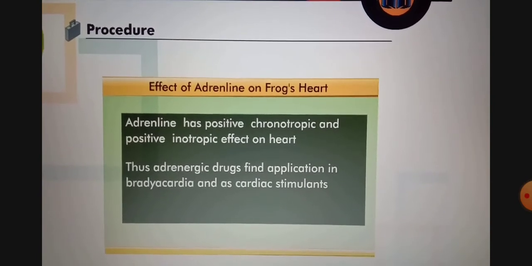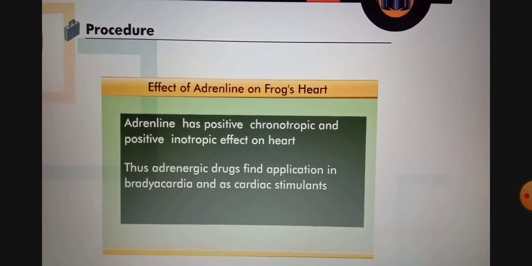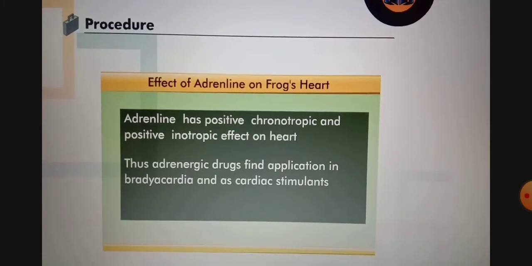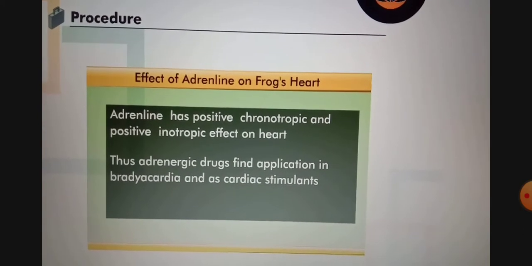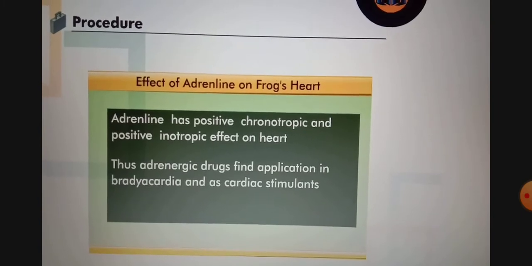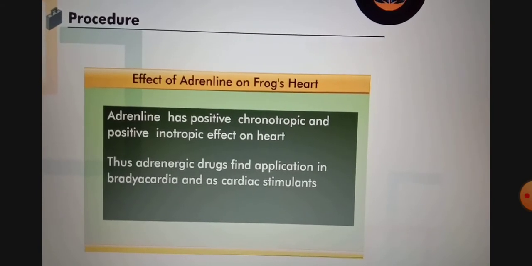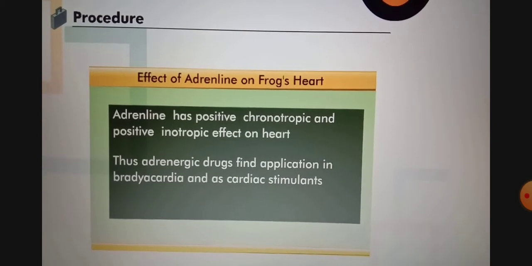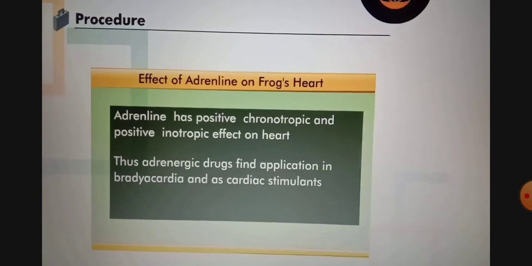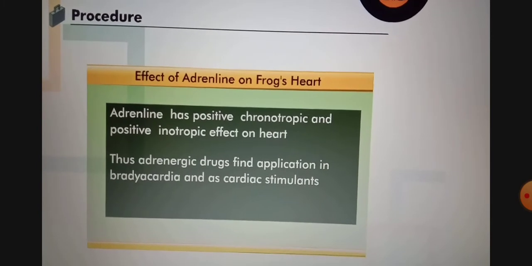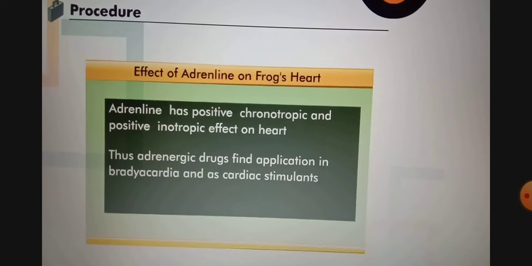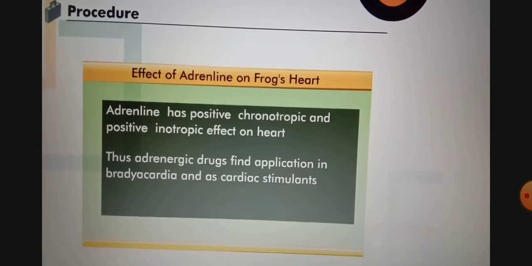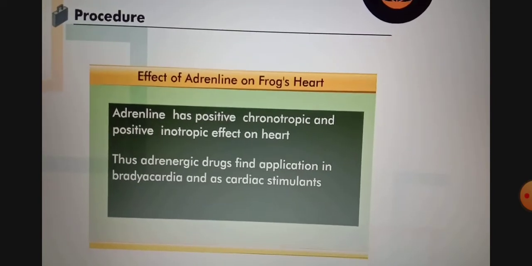So it increases the heart rate and force of contraction by acting on beta-1 receptor present on the heart, and therefore these adrenergic drugs find their application in bradycardia-like conditions. What happens in bradycardia? There is a decrease in the heart rate and force of contraction. So adrenaline is beneficial in bradycardia, as it increases the heart rate and force of contraction.